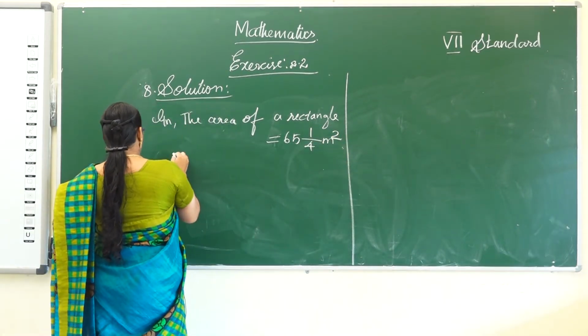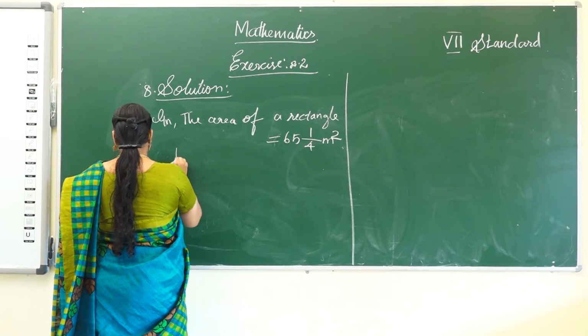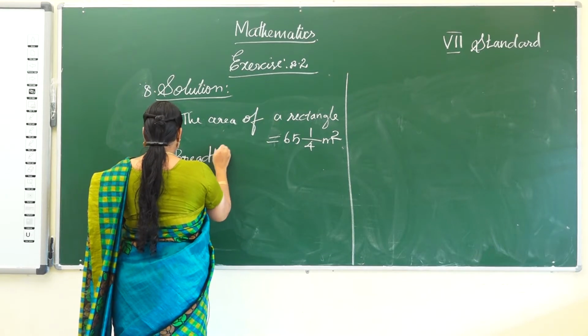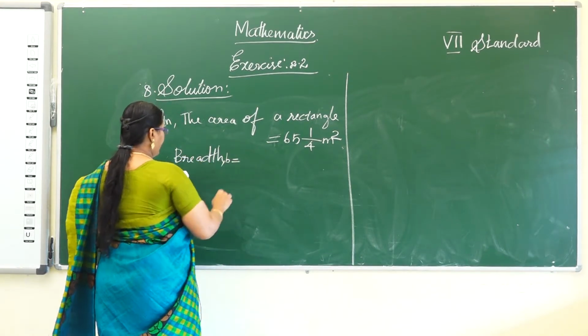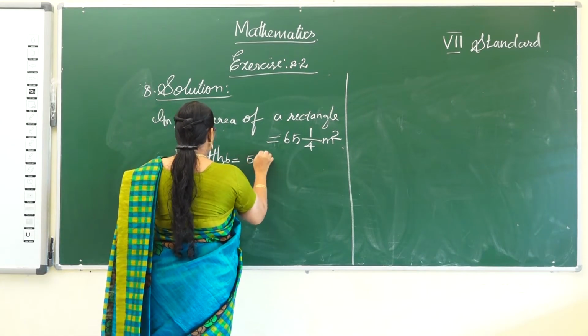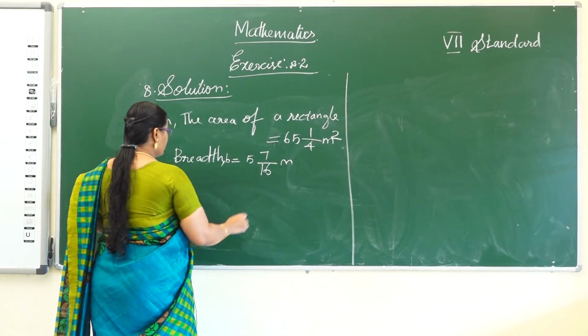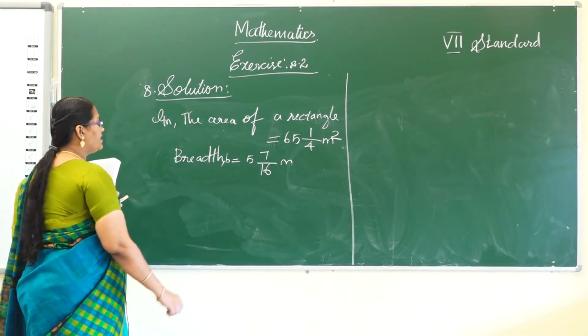And what is the breadth value? Breadth, considered B, is equal to 5 7 by 16 meter. Find its length.